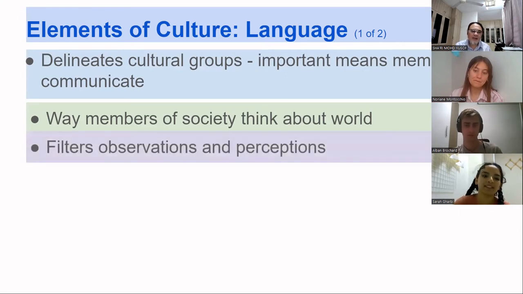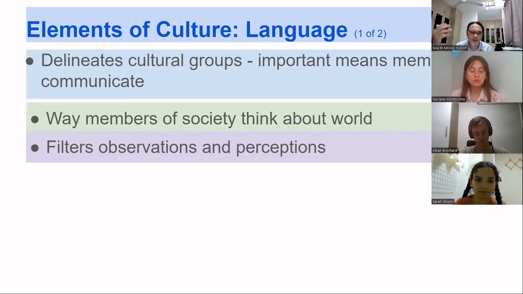What else? Language will also make us filter observations and perceptions. There are words that we do not understand in another language because we don't have that concept in our language. We don't use that.